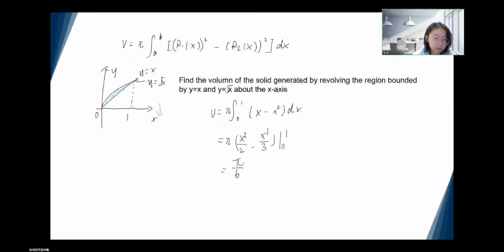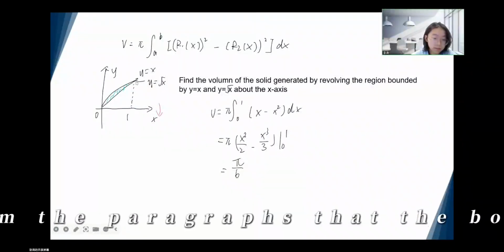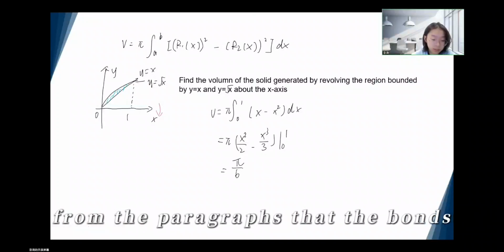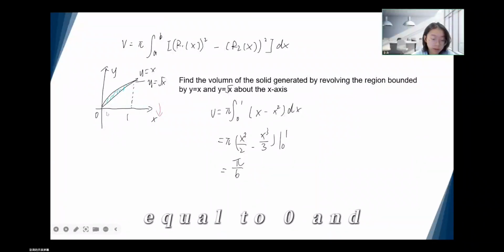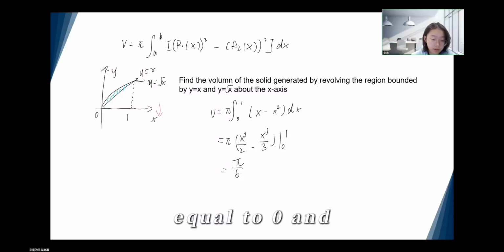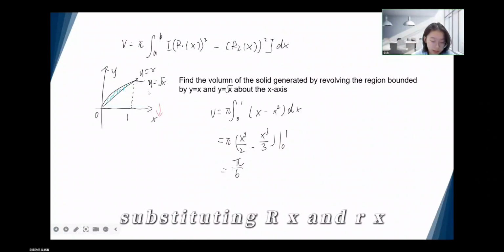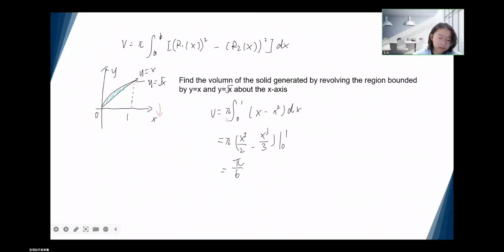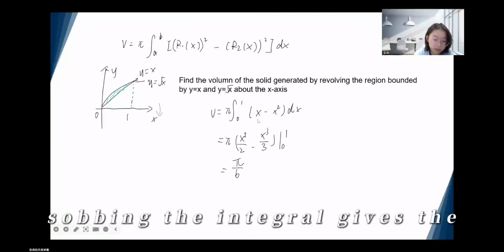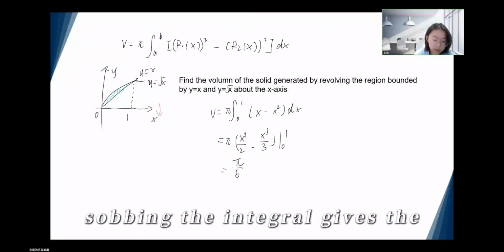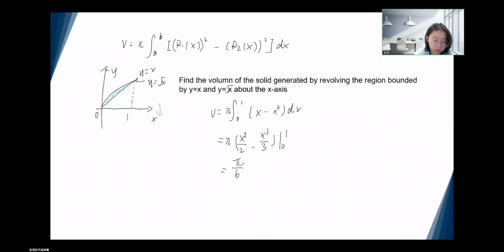We can see from the problem that the bounds are x equal to 0 and x equal to 1, substituting R1(x) and R2(x). Then solving the integral gives the volume of the solid.